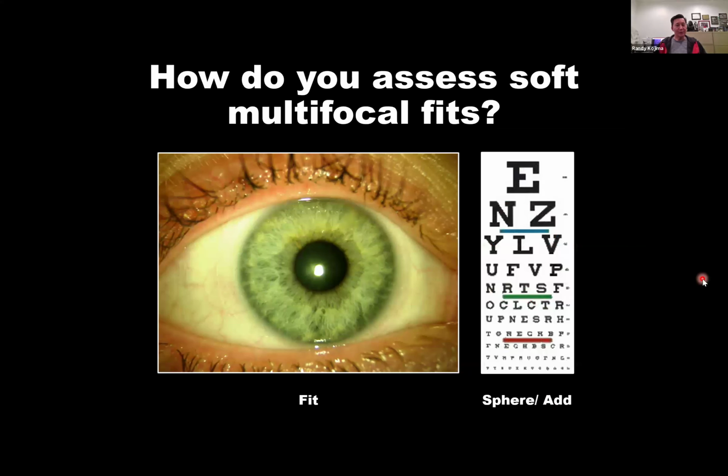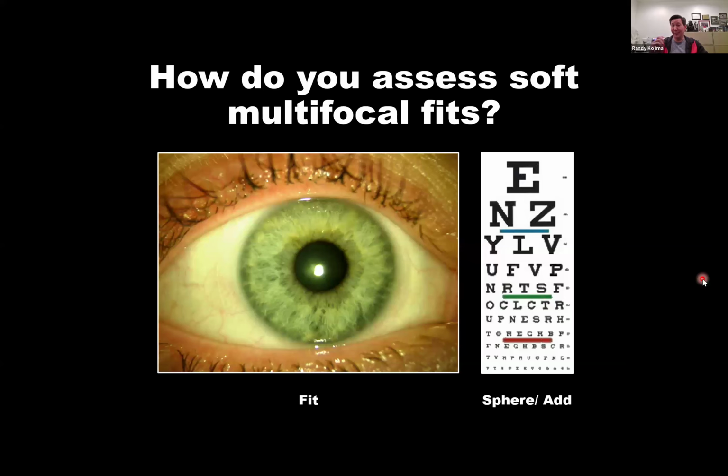Hey, now a question is with soft multifocals, and Dr. Edgar, please communicate this in a better way than I will. But when we see a soft multifocal wearer, there's very little we can do to figure out how to fix it. You know, we can look at the lens through the slit lamp. Is it centered?